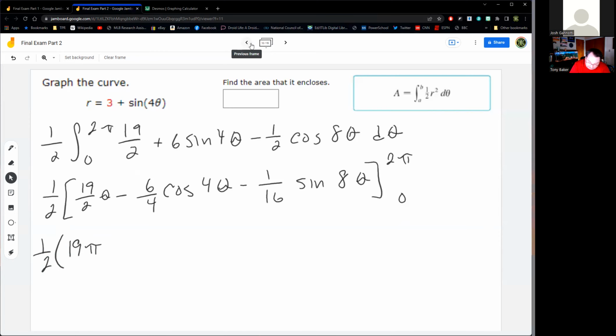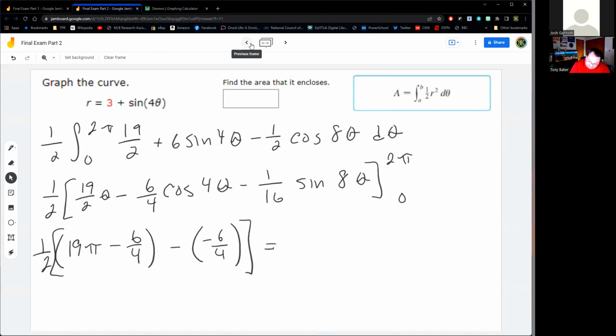So that's going to be 1. So minus 6 over 4. The sine of 8 pi is 0. So that one is gone. And then it's minus. The 0 part there is going to be gone. And then that one is going to be, again, still negative 6 over 4. So the 6 over 4s are going to cancel out.